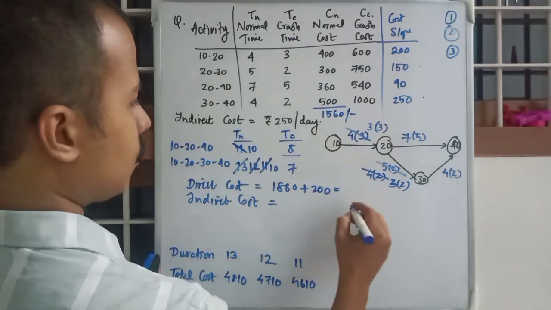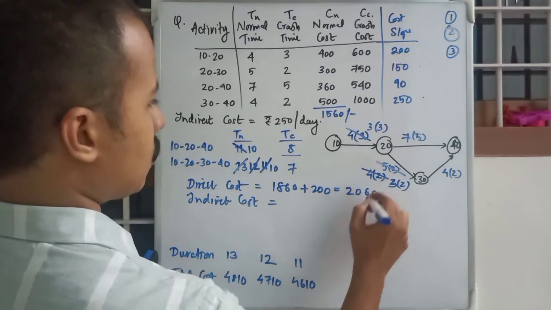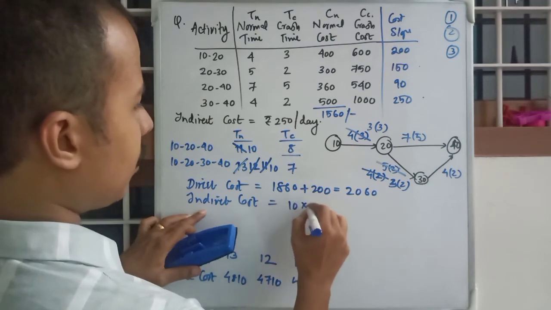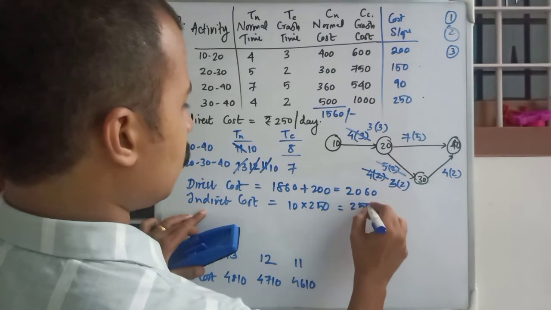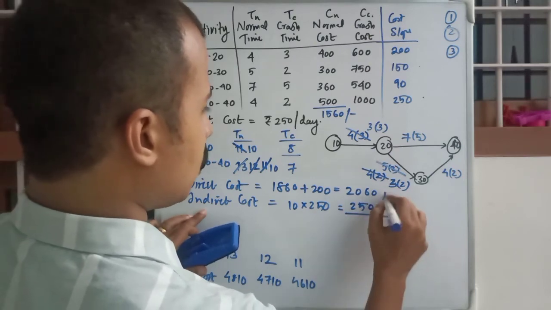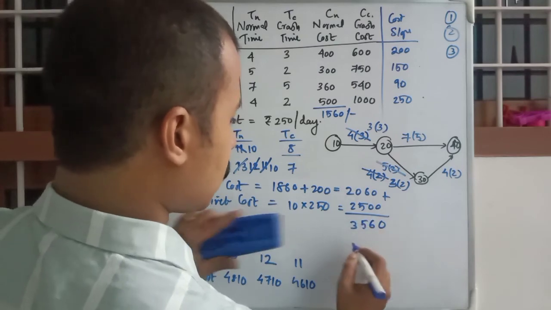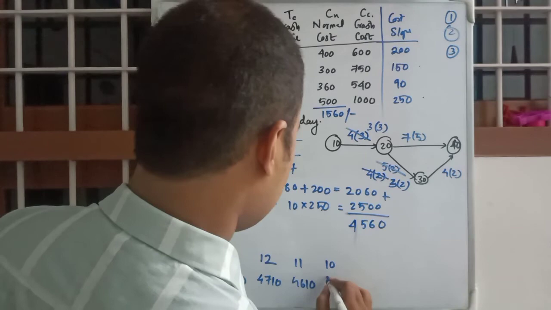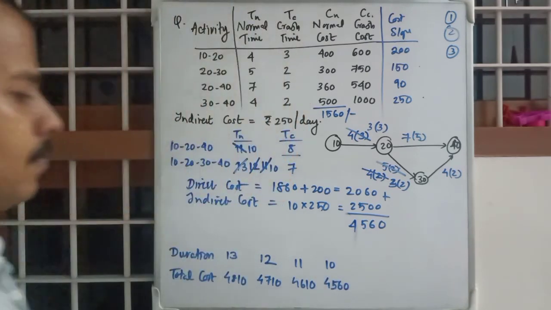That's equal to 2060. Indirect cost is right now 10 into 250, that is 2500. Total cost is 4560, that is for 10 days. Okay.